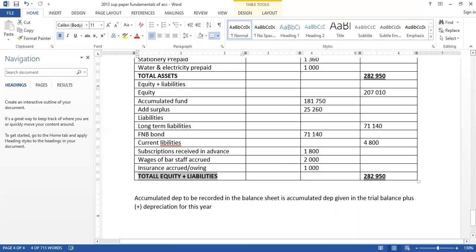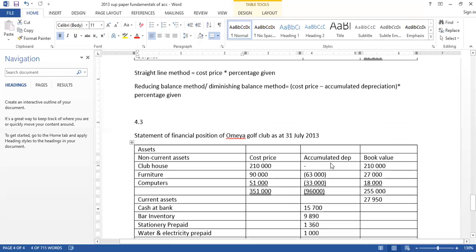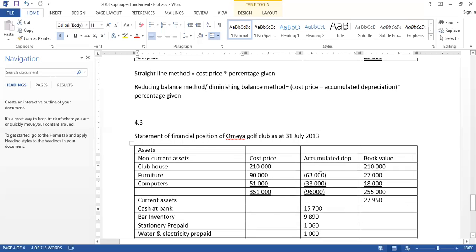If you add those two depreciations, accumulated depreciation in the trial balance plus depreciation for this year in furniture, you will get 63,000. So cost price minus accumulated depreciation will give you your book value of 27,000. 90,000 minus 63,000.